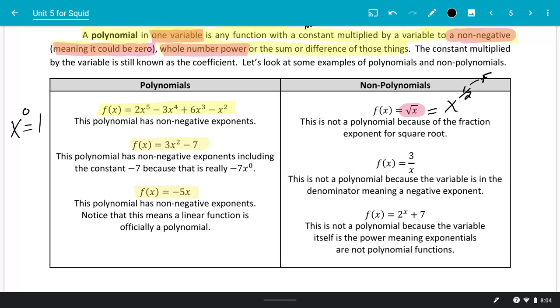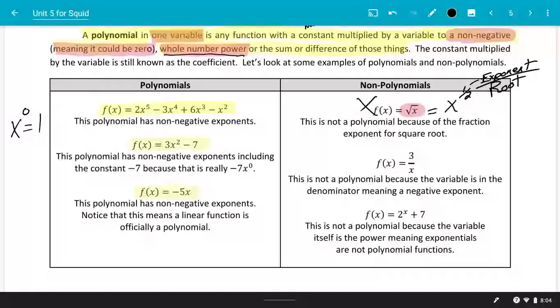Remember, the top is the exponent, and the bottom is the root, like square root, cube root, fourth root, fifth root. So this could be written as x to the 1/2, which means it wouldn't be a whole number power. So not a polynomial.